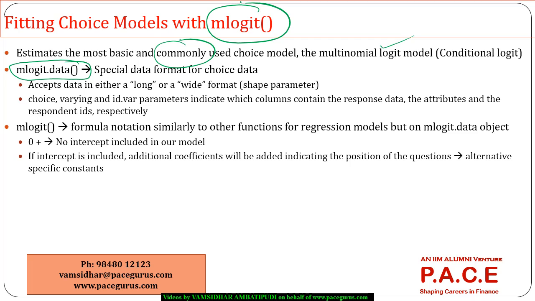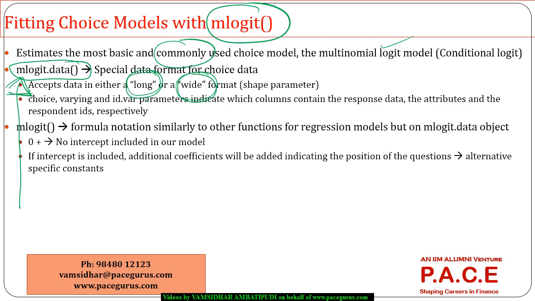But it has to be transformed using mlogit.data. This is a different kind of data format. This will convert your data which is present either in a long format, that is where our data is currently, or in a wide format.